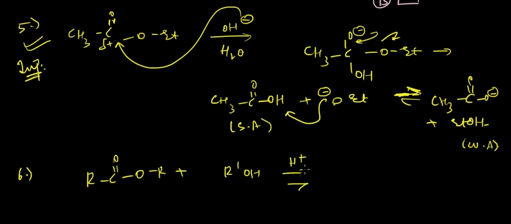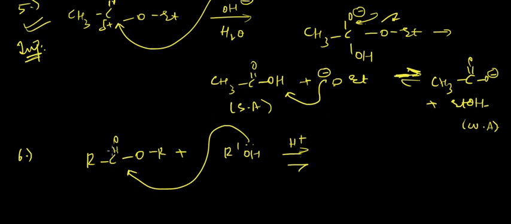Again, this will attack this electrophile, and as a result, we'll be getting O negative, OR and OR dash, and then again the double bond restored, and this OR will be leaving.